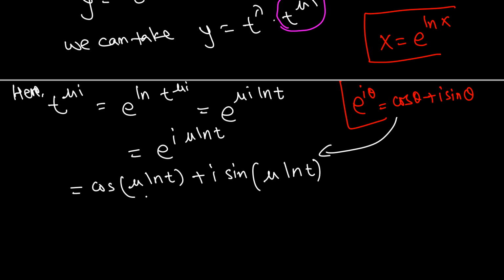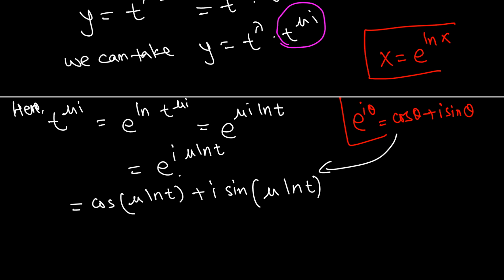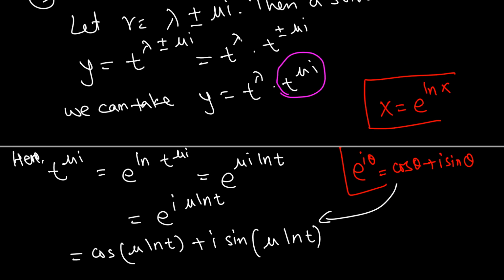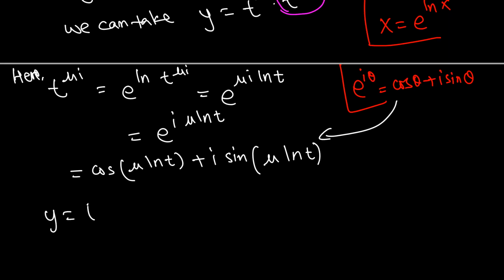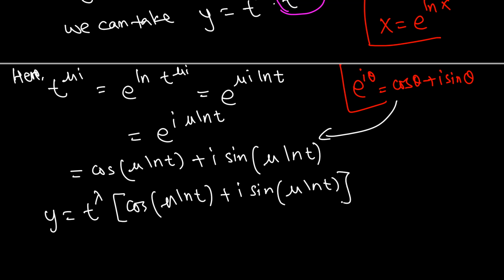Oh, this is a linear combination of two functions. In fact, each part is a solution. So if we go back here, t raised to lambda times this part, I just took the plus sign, that would work. We could have taken negative and gotten the same result. So solution y is t raised to lambda times the second part, which is cosine mu ln t plus i sine mu ln t.